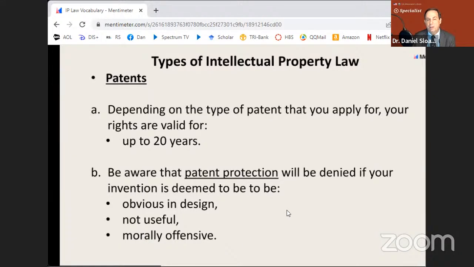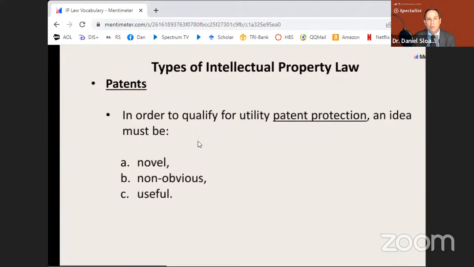And again, this is in America. How do we define morally offensive? That would be something that you would have to prove in court if you were being sued for that or suing someone else. In order to qualify for utility patent protection, an idea must be novel, non-obvious, and again, useful.